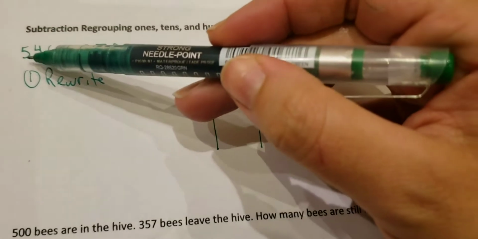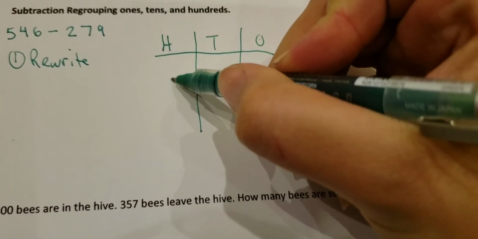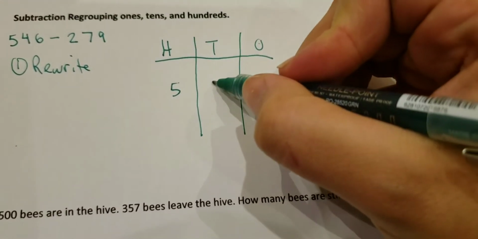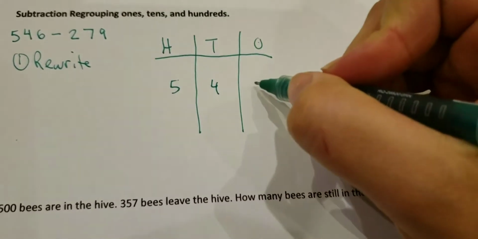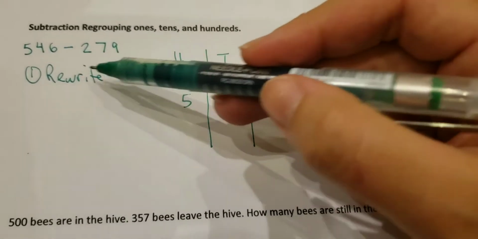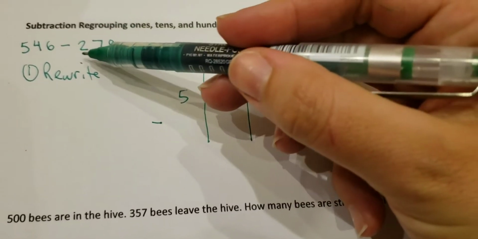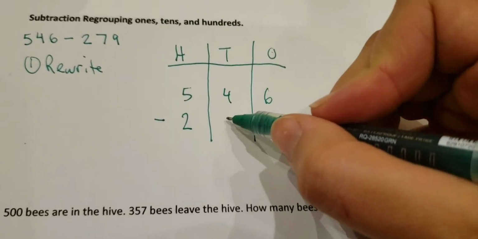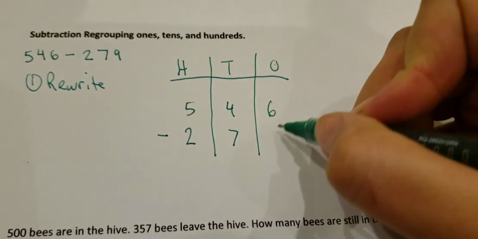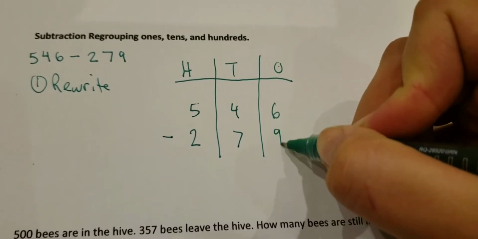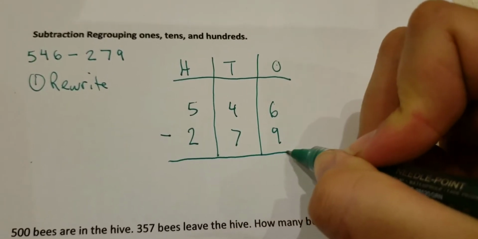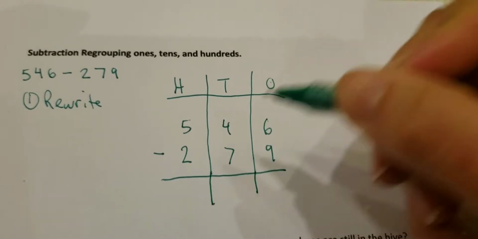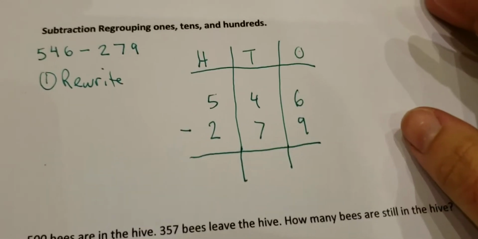Okay, so 5 in the hundreds, 4 in the tens, and 6 in the ones. Minus 2 in the hundreds, 7 in the tens, and 9 in the ones. Equals. Okay, so we rewrote our problem.